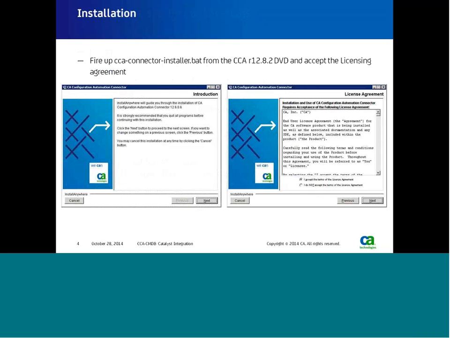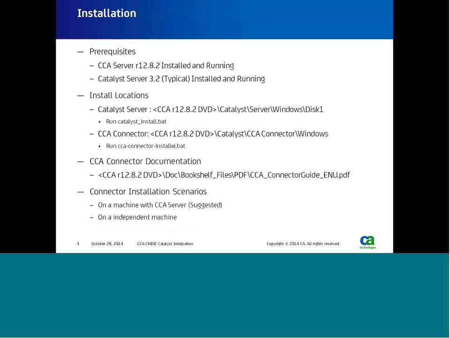Yeah, these are the install locations. You can find the installer of the connector under these locations. There will be a bat file if I want to install on Windows. Here we can find the documentation, whatever links are shown there.